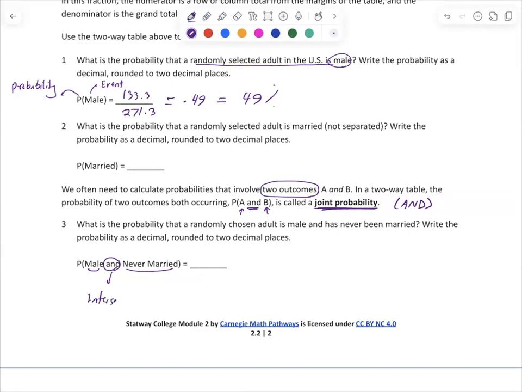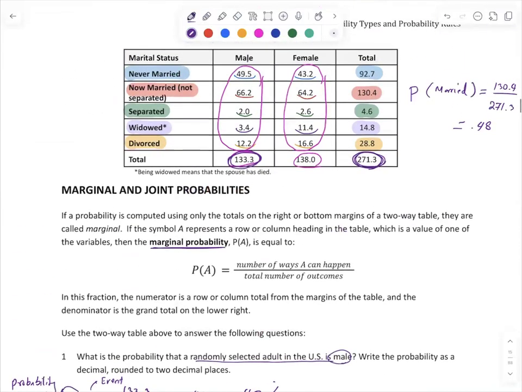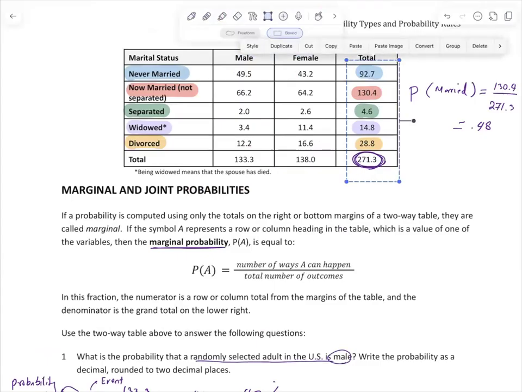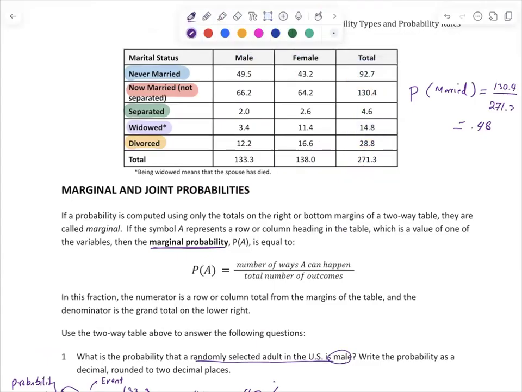Intersection. What do I mean by that? We're finding the probability of being male and never married. Being male is just right here. So being male, let me erase these to avoid confusion. Okay, so being male is basically this category, right? Being male. And never married is this category here. Never married.